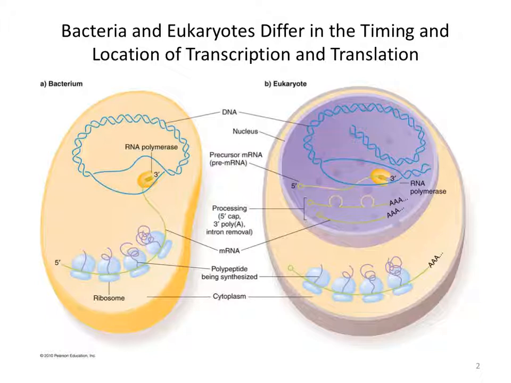Once they're out of the nucleus, if it's messenger RNA, that's when they associate with ribosomes, and that's when translation occurs. So there are some fundamental differences in the location and the timing of transcription and translation in these two types of cells.